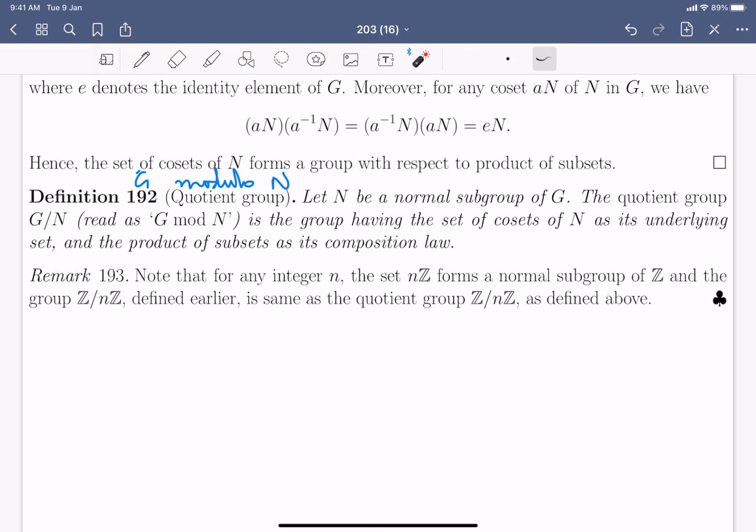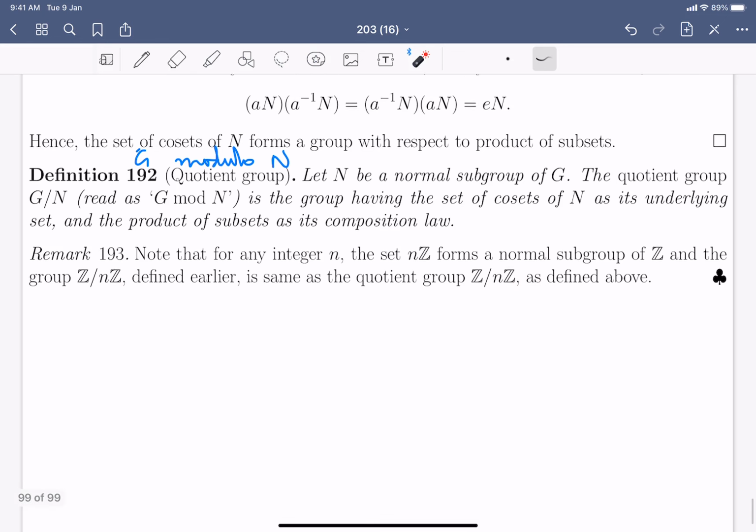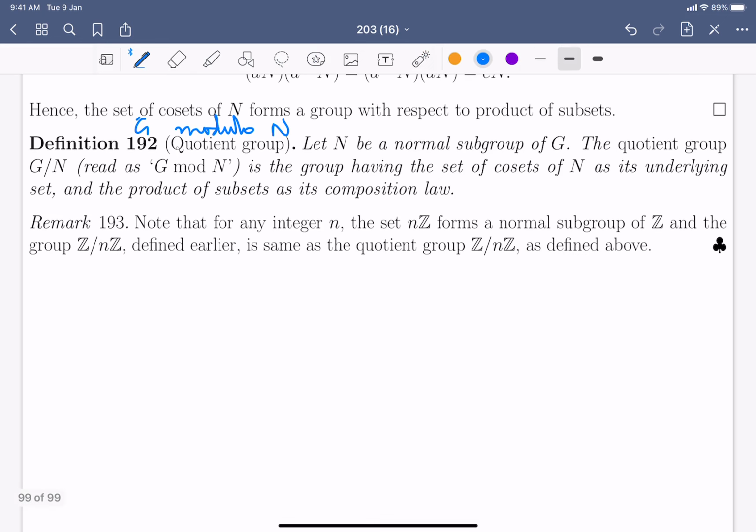Of course, for two reasons. One is to tell you that we have already met this notion of quotient groups, at least in certain specific cases, and that there is room for confusion, because Z mod nZ can be treated in two different ways.